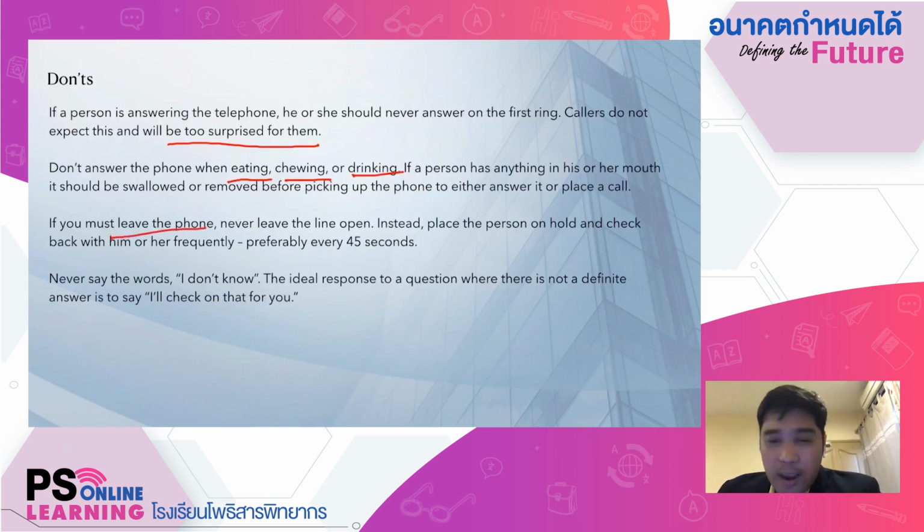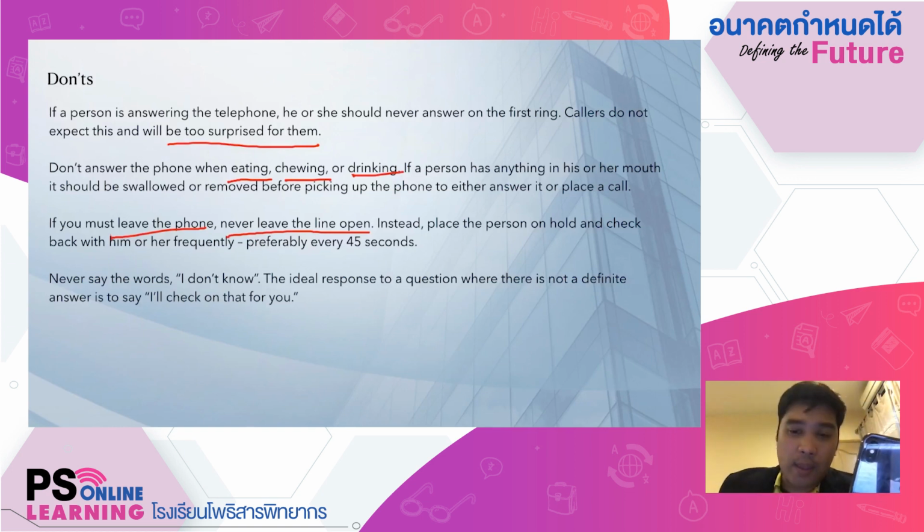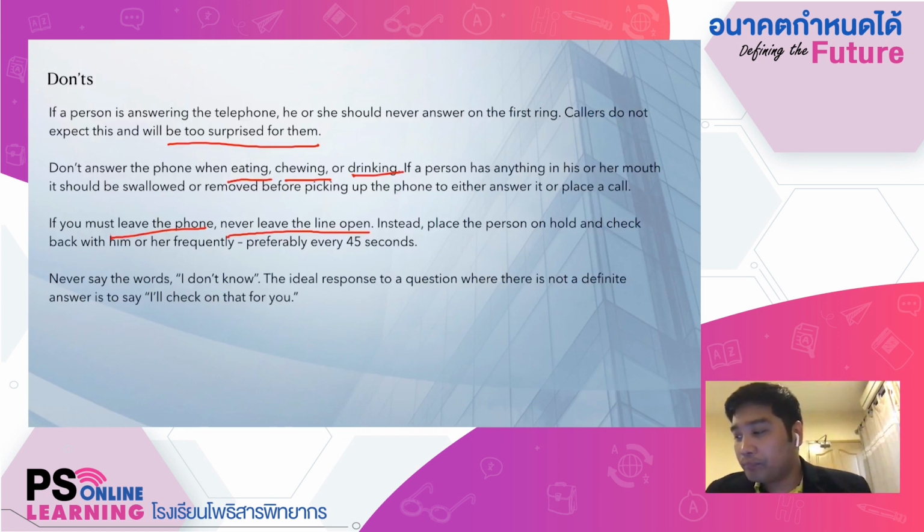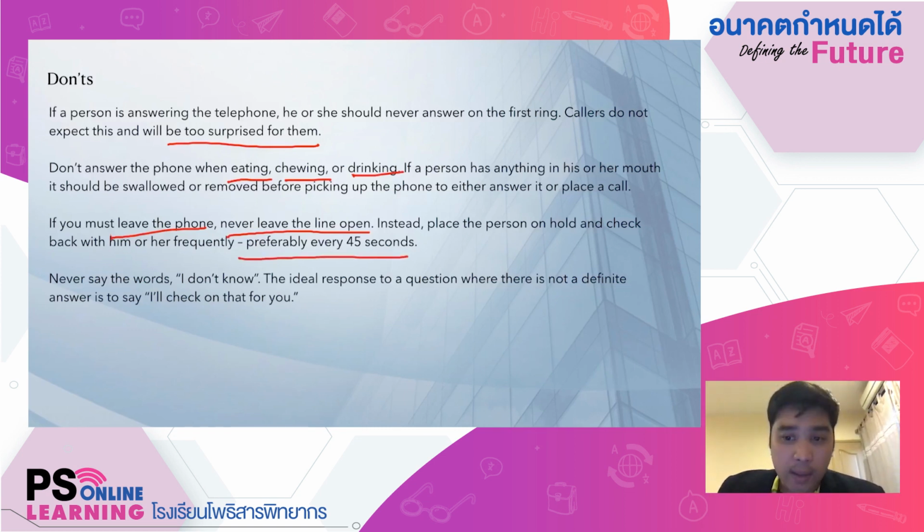Okay. If you must leave the phone, never leave the line open, meaning you put the phone on hold. You press the hold button, or you should silence your microphone.